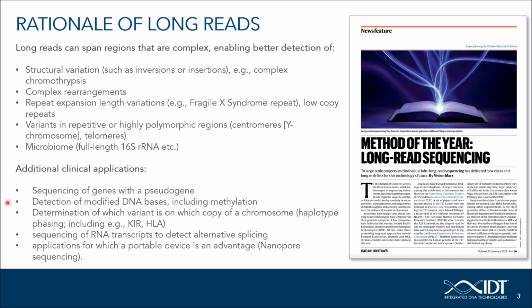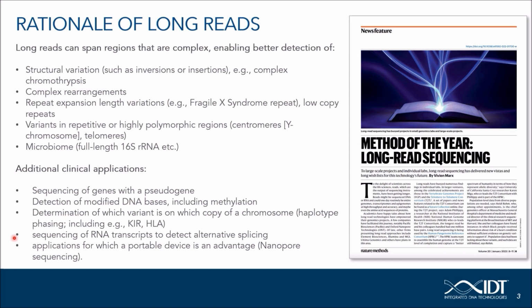They can also be very helpful if you want to analyze complex regions like the HLA or the killer immunoglobulin receptor. Here, long reads may help to infer haplotype phase. Also, full-length RNA transcript analysis to detect alternative splicing events is of interest.